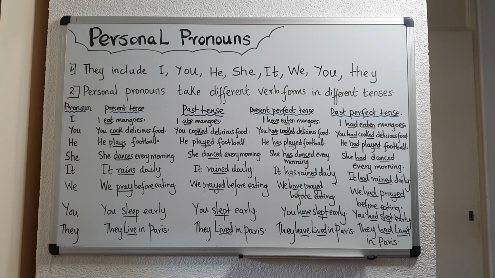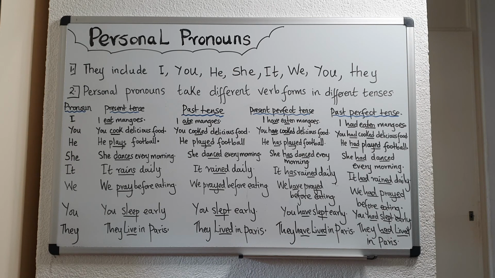Now, in the past tense, it becomes they lived in Paris. So, because live is a regular verb, you just add d. They lived in Paris. In the present perfect tense, it becomes they have lived in Paris. So they combines with have plus the verb in the past tense. And it becomes they have lived in Paris.